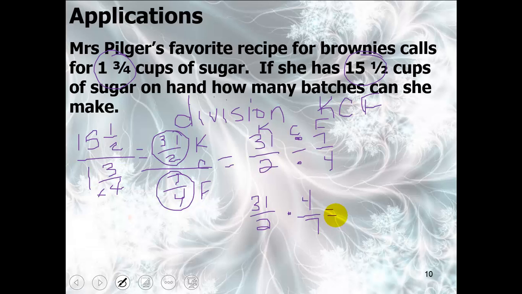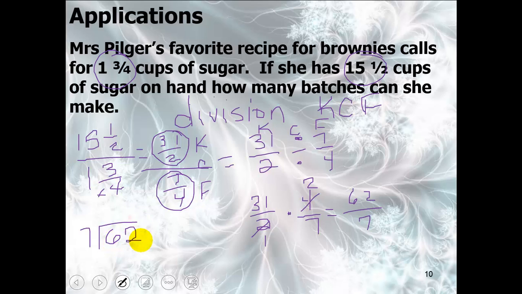I'm going to cancel my 2 into my 4. And then when I multiply, remember, I just multiply straight across both the top and the bottom. So I get 62/7. And then I'm going to divide this out to get a mixed number.